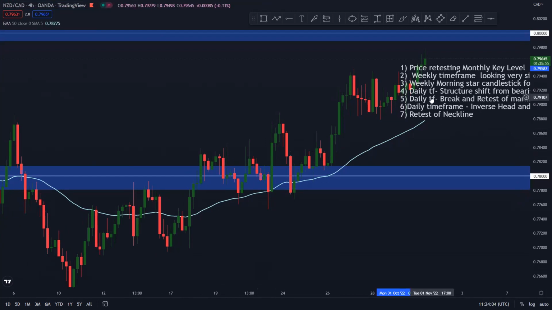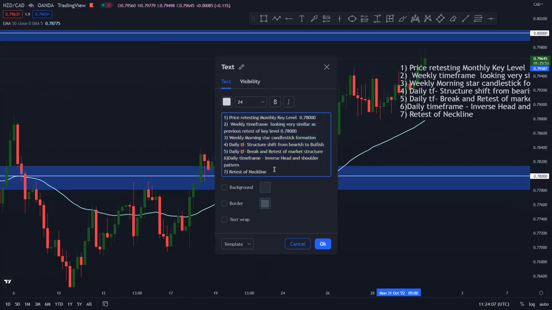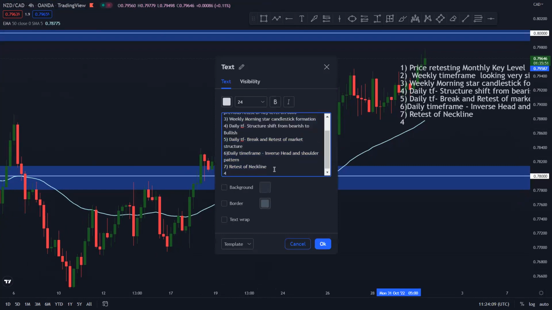We're also seeing price retest the 4-hourly time frame exponential moving average.